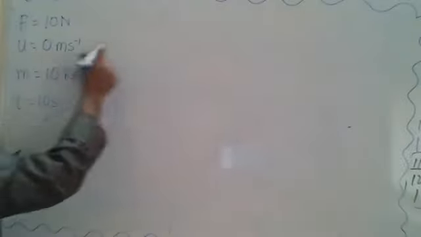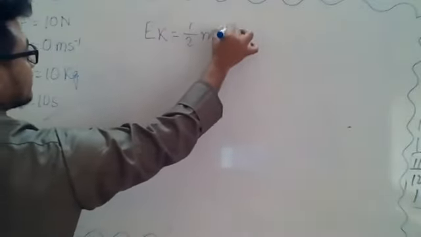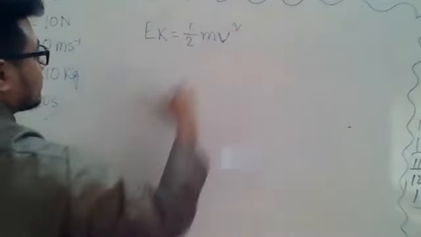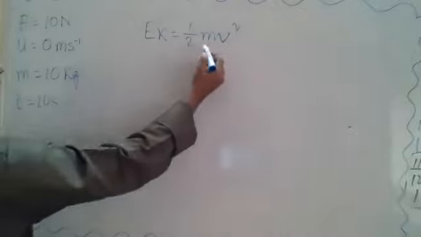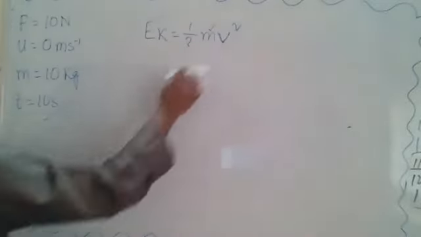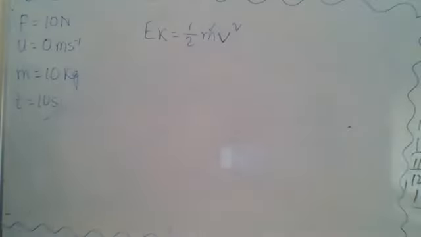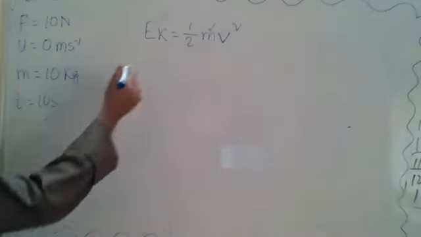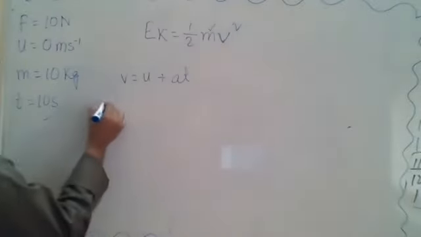As it was at rest, we will use the kinetic energy equation half mv square. Now, we know m from here, but we do not know v. But if we want to, we can calculate v, right? How? You know v is equal to u plus at.